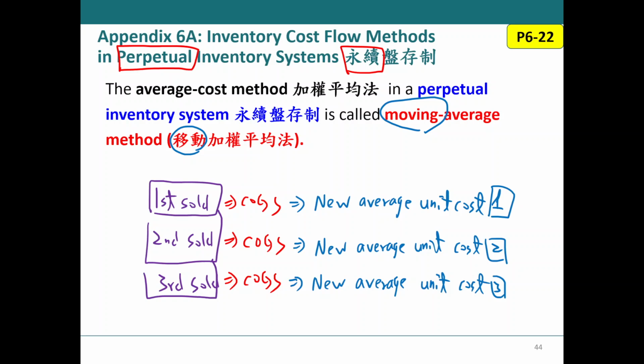Moving means every time you have a new average unit cost. So that's why we call it moving. For perpetual weighted average method, we call it moving average method, 移动加权平均法. Any questions? No? Okay, then let's take a break. Later we practice it.